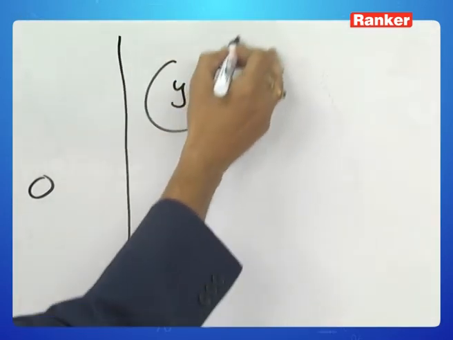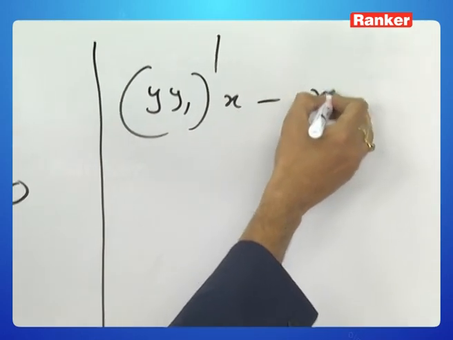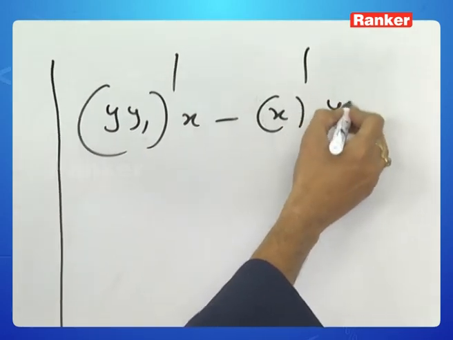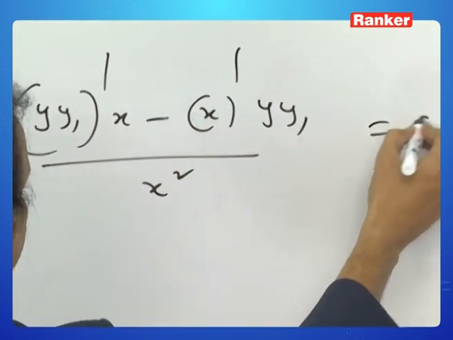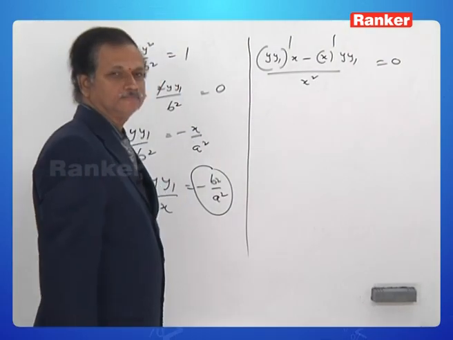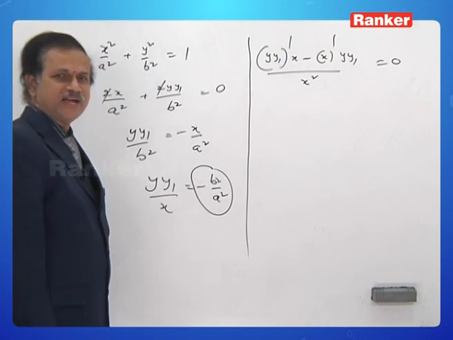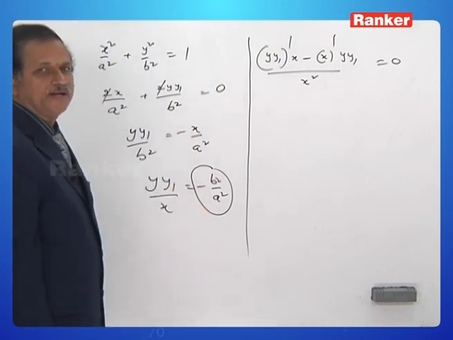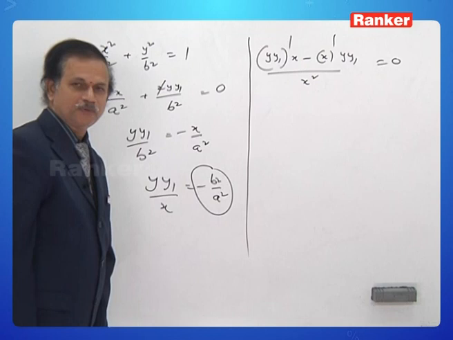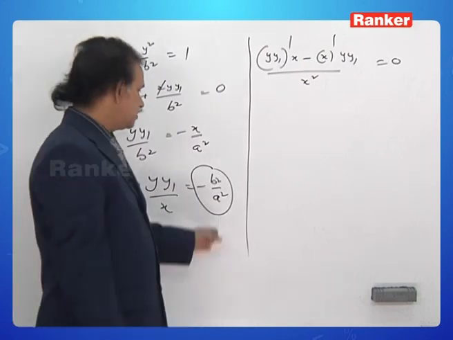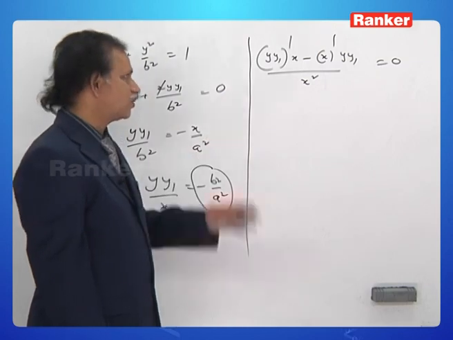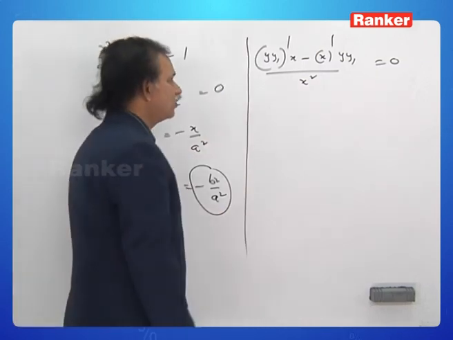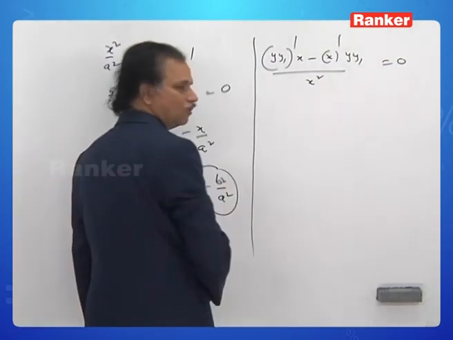u dash v minus v dash u by v square is equal to 0. How can we get the step? By differentiating this with respect to x on both sides. You see, minus b square by a square is a constant, hence its derivative is 0. Even if you cross multiply, x square also goes there.